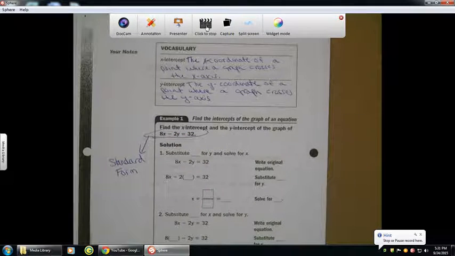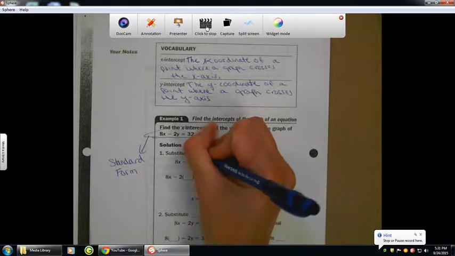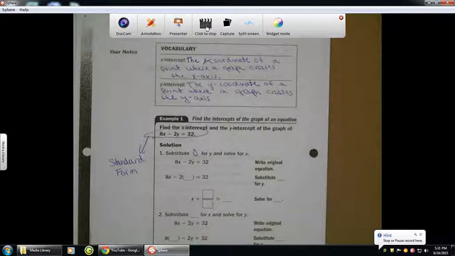Later on in the chapter, and in chapter 5, we'll be talking a lot more about standard form. But in example 1, the equation is in standard form. It's 8x minus 2y equals 32. So to find the x-intercept, we're going to substitute a 0 in for y and solve for x.